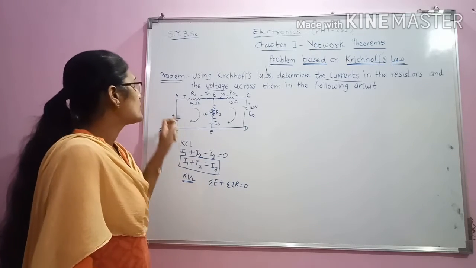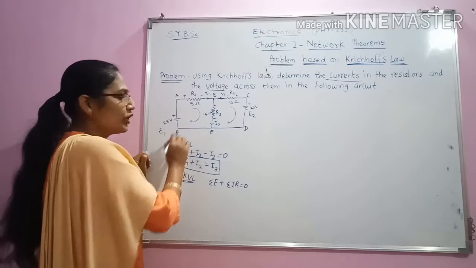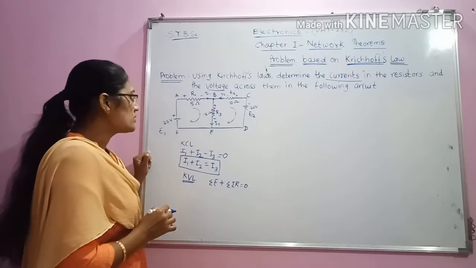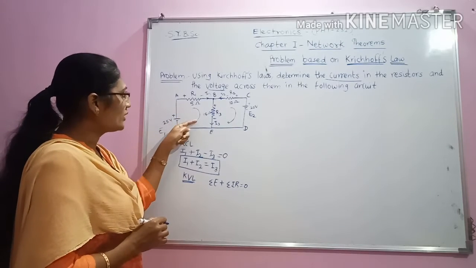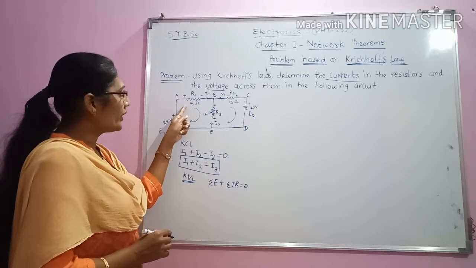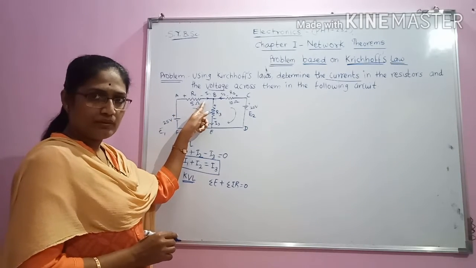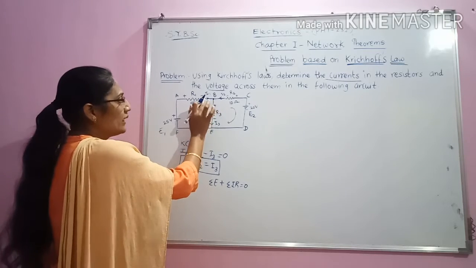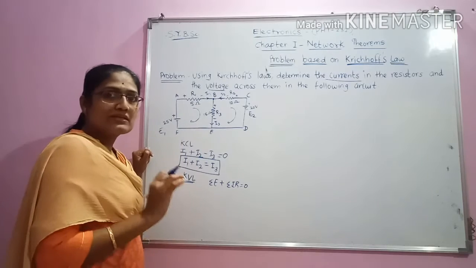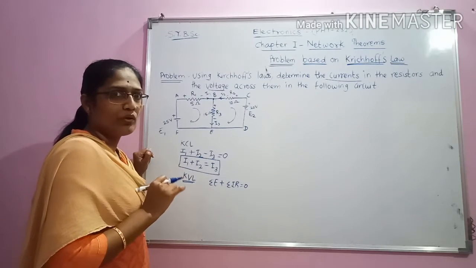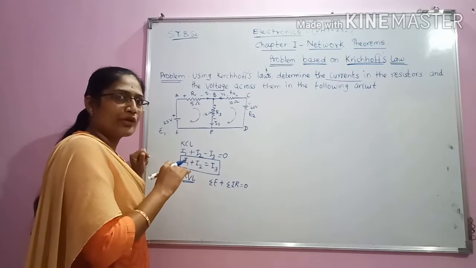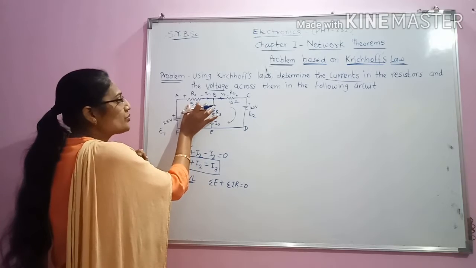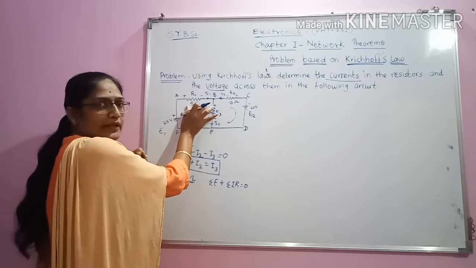Which are those? If we are tracing the loop, tracing the loop is very important, because while tracing the loop, if we are going in the direction of current, then the value of voltage drop is considered negative, because current always moves from higher potential to lower potential, and hence we have to take this voltage drop as negative.